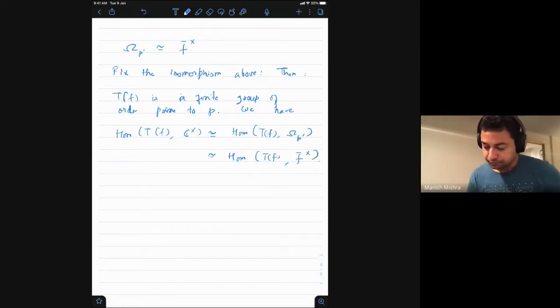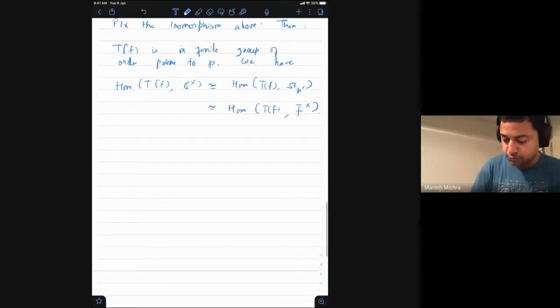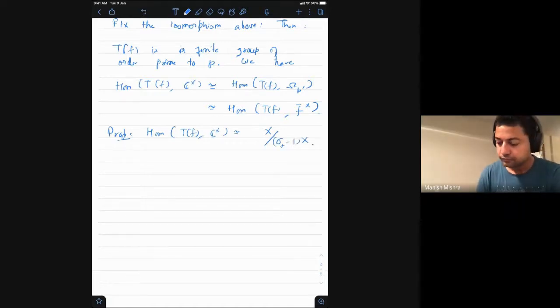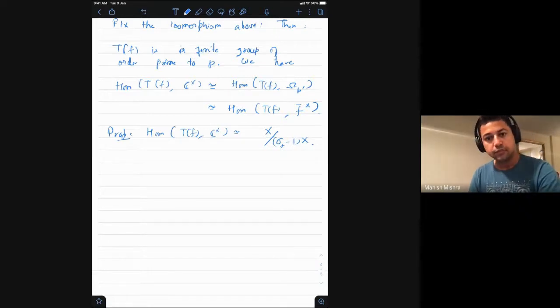Okay. So you have a representation theoretic object, a complex character here, and on the other side we will express it as a group theoretic object. That requires some work. It's proved in Carter's book that Hom(T^F, C star) is isomorphic to X / (sigma minus 1)X.